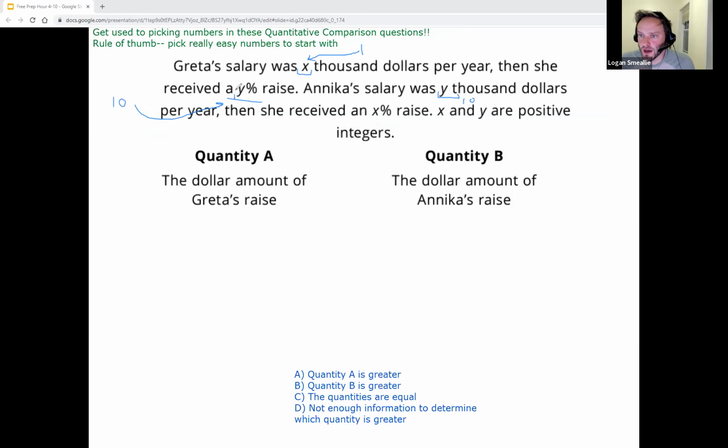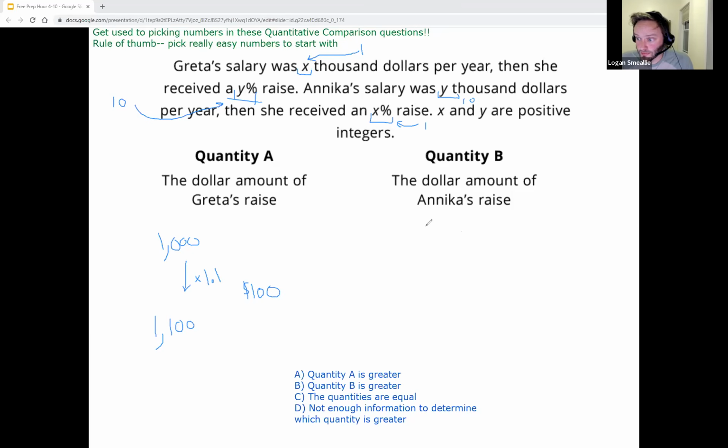I have to keep the Y the same in the two situations, and a 1% raise. So let's try this out. 1,000 was Greta's initial salary. A 10% raise, if I times by 1.1, that's going to give me my 10% raise, right? 1,100 would be what I get there. So, okay, I got a $100 increase.